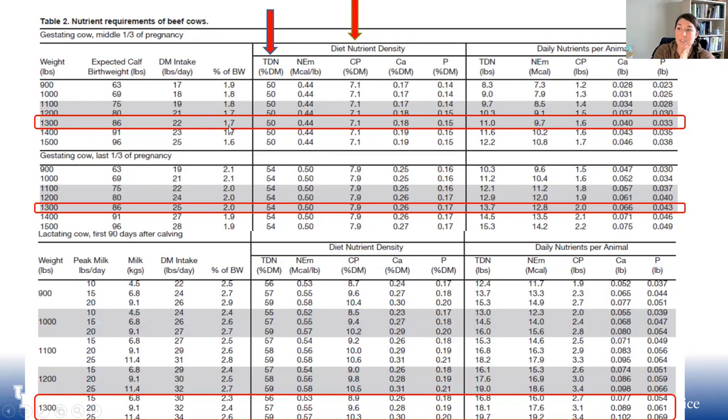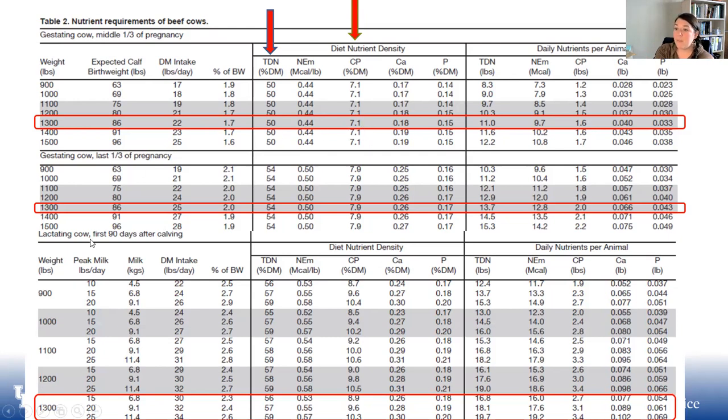She is eating about 1.7% of her body weight, and that is just during the middle third of gestation. So we want to look at her numbers for TDN and protein, and that's going to be 50 and 7.1.